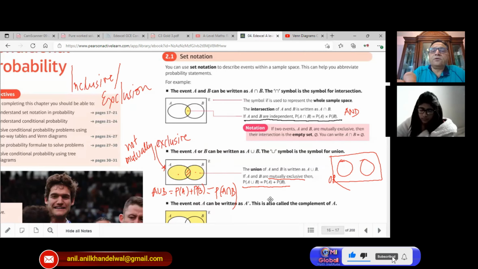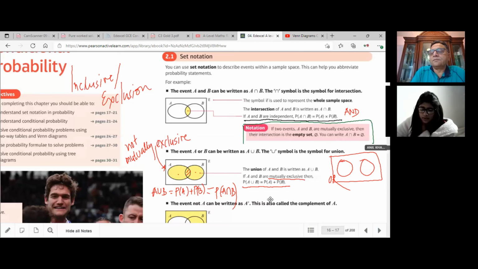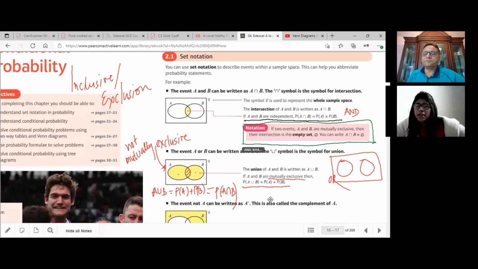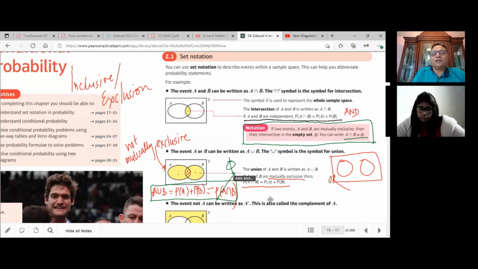Now let's also look into the notation which is written here. Can you please read that? If two events A and B are mutually exclusive, then their intersection is the empty set. So you can write A intersection B equals the empty set. In general, this is the right equation, because if they are mutually exclusive, then this is an empty set, so you're not taking away anything.